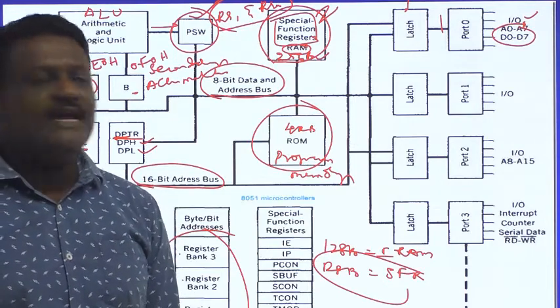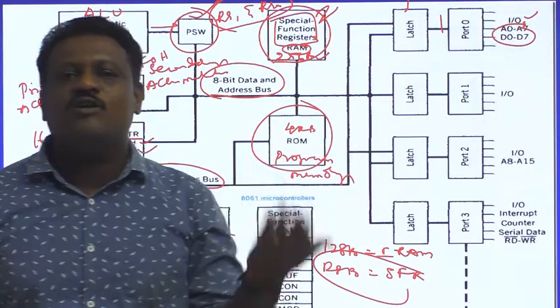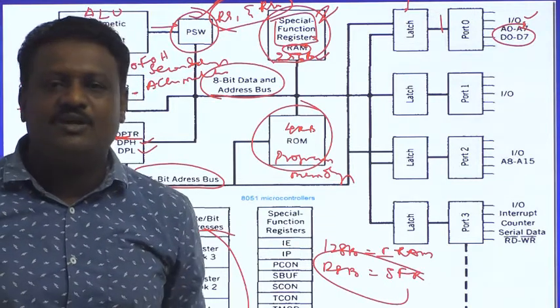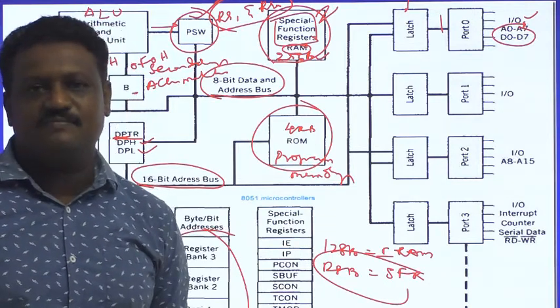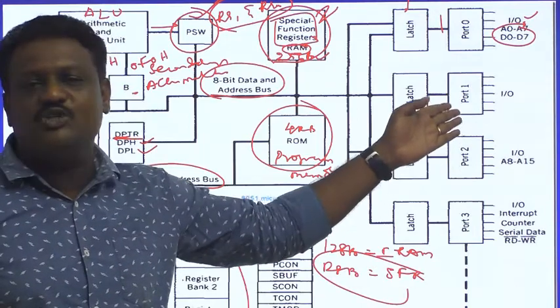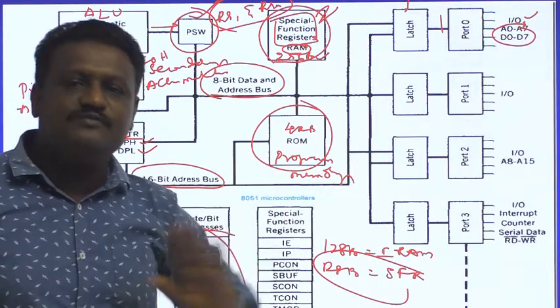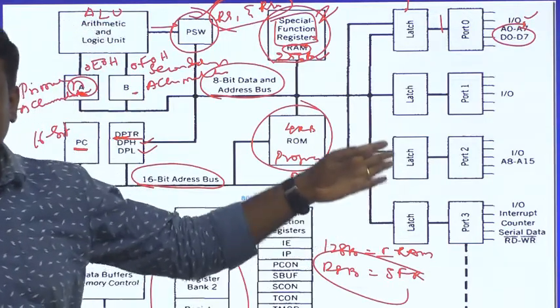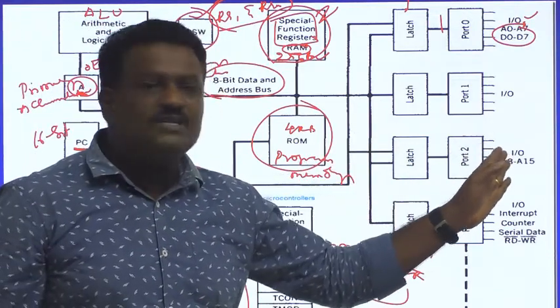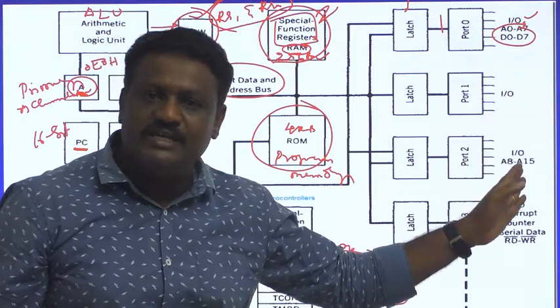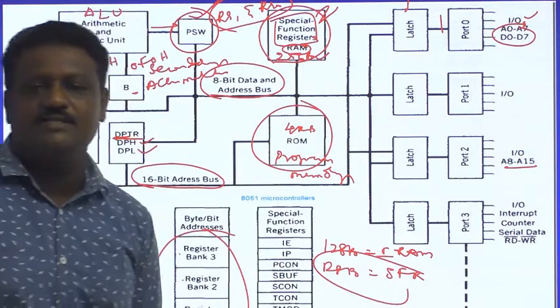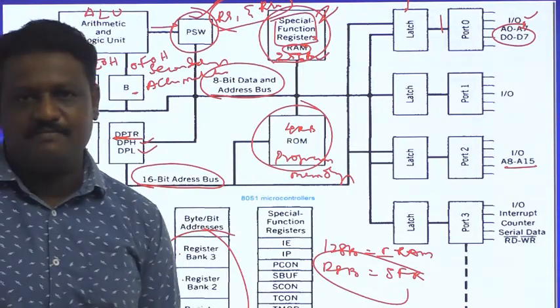That AD7 to AD0 acts as address lines A0 to A7, and those same lines act as data lines D7 to D0 in different time slots. And coming to port 1, there is no alternate function. These are simply used for the connection of I/O devices. And coming to port 2, these are used as I/O pins for connection of I/O devices. Not only that, these are also used as dedicated higher order address lines A8 to A15.